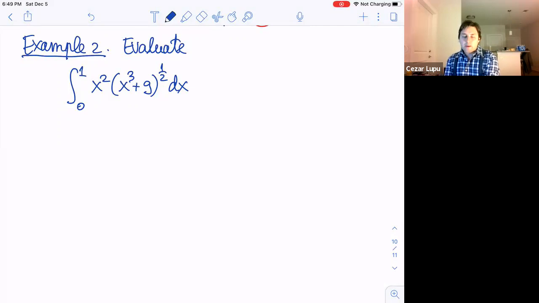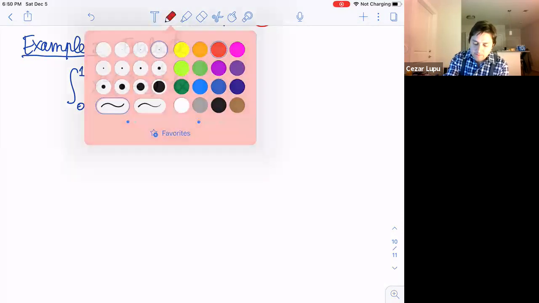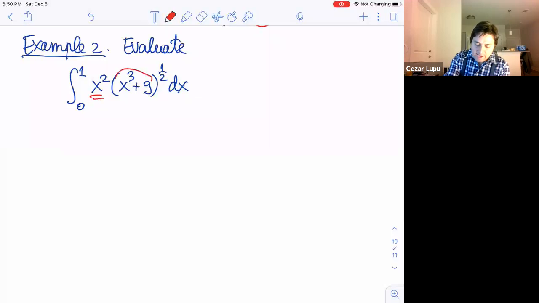Well, guess what? If you look at the integral closely, you will observe that there is a relationship between this guy here and this guy inside. You see, they're almost the same. Well, if you take the derivative of x cubed plus 9, you will find that this is almost x squared.